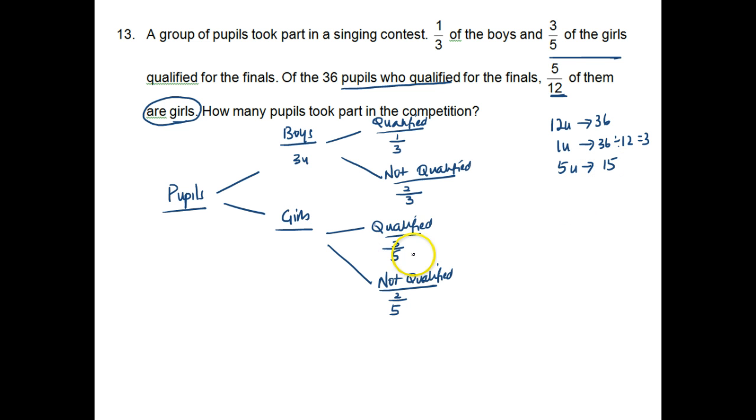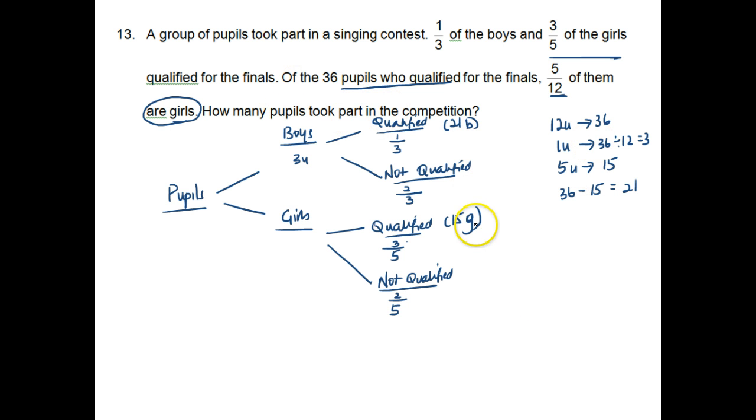Qualified are 15. So I have 15 girls who qualified. How do I get 15? 3 times 5 is 15. Okay, so my boys would be 36 minus 15 is 21. Qualified 21 boys. 15 girls, 21 boys.